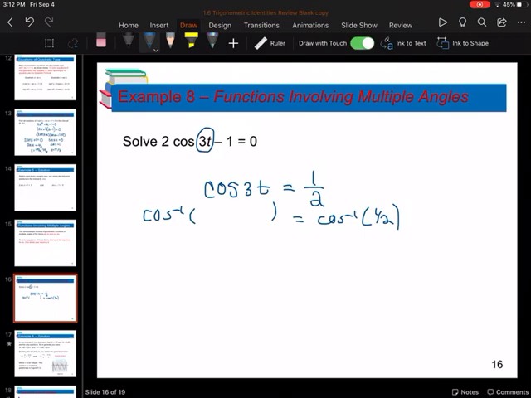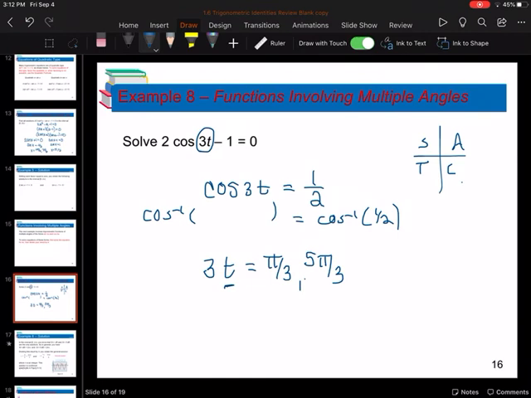So when you take the inverse cosine of the cosine, they cancel. So you get 3t equals pi thirds. It's also going to be, because all students take calc, in quadrant 4. So that's 5 pi thirds.